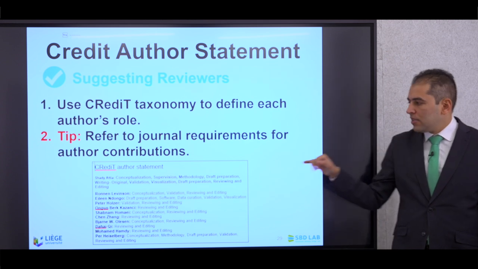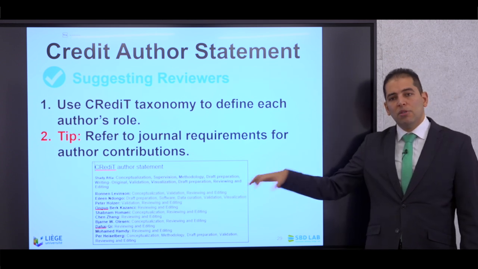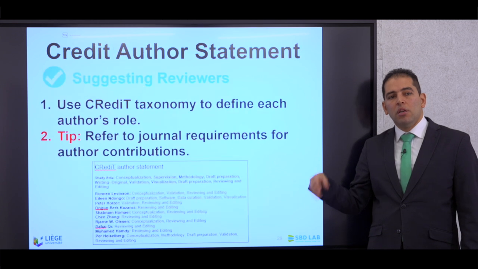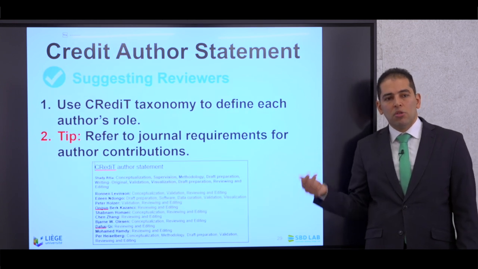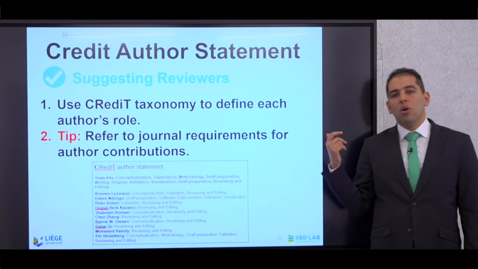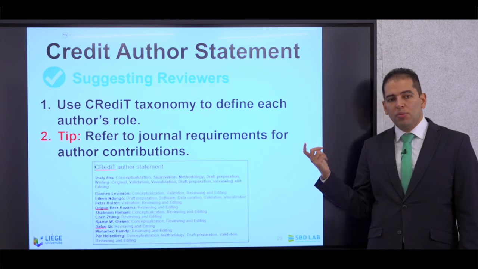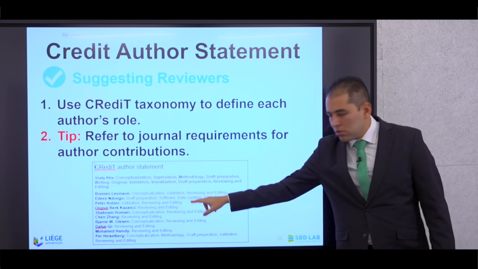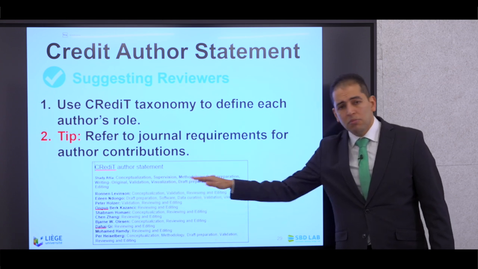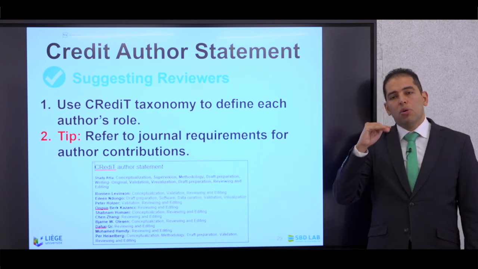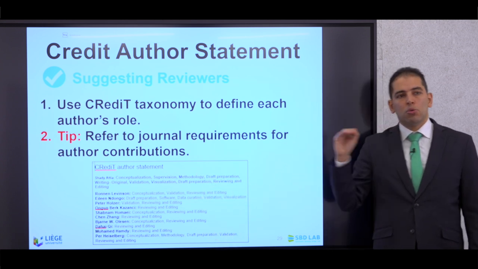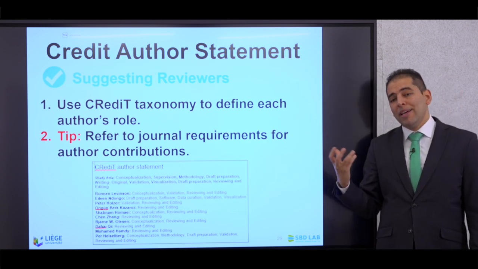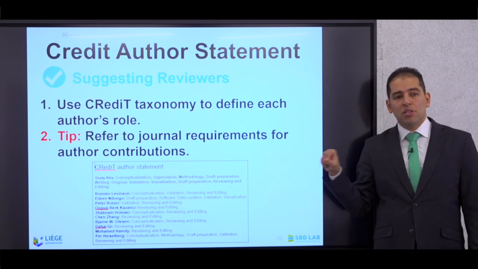So here you have the credit author statement, which is classically found in many journals, and then you can have different aspects like conceptualization, supervision, methodology, draft preparation, writing, original validation, visualization, draft preparation, reviewing and editing. And you have to list all the contributions, all the authors' names, and then for every author you mention what was their role or what type of contribution they did, and list it.